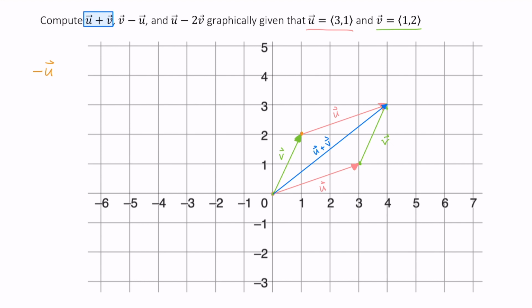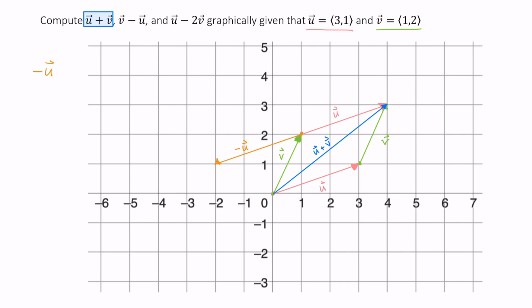Here is the tail of u, and I'm going to go to the left 3 and down 1. This is negative u.